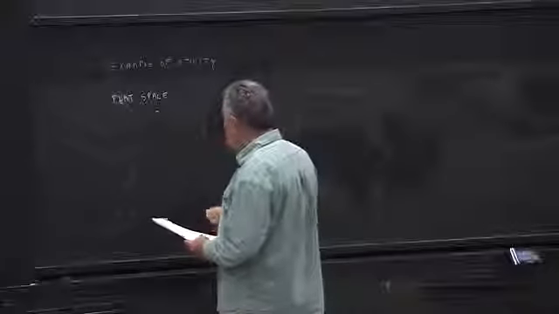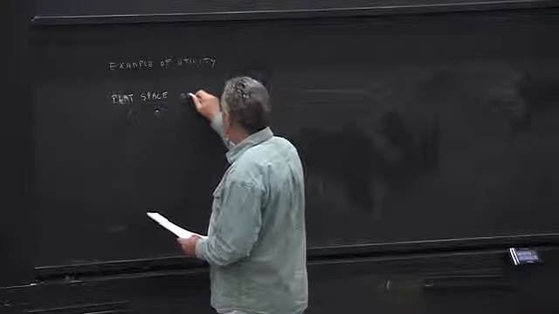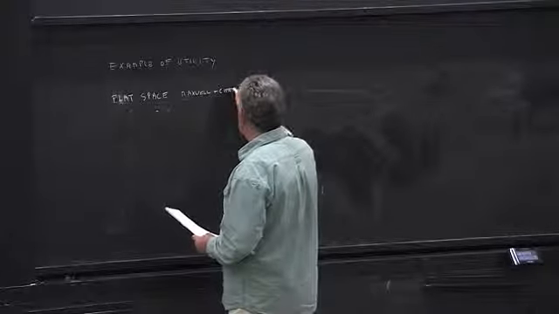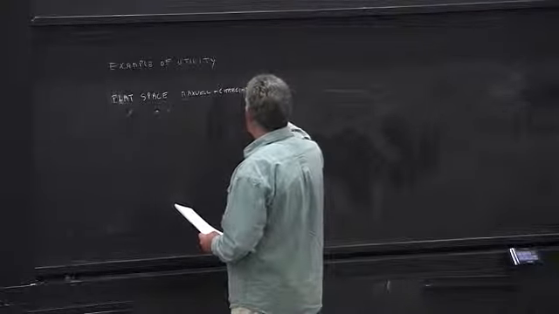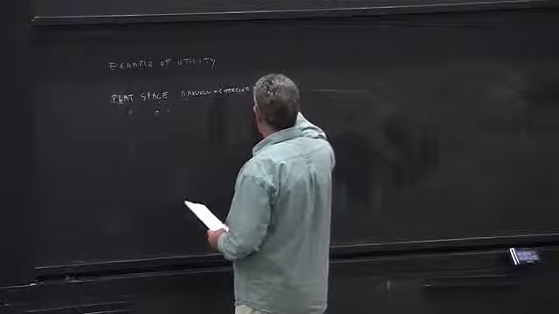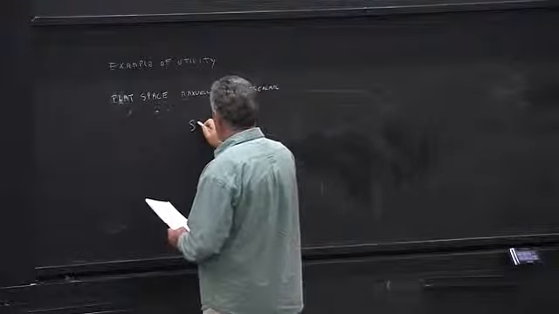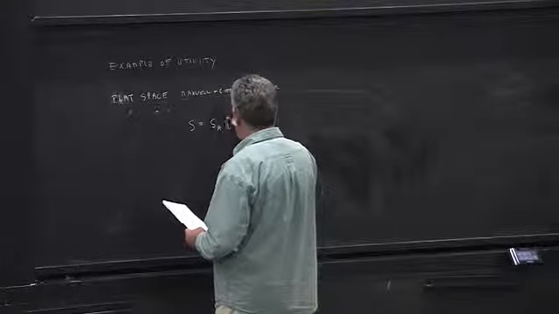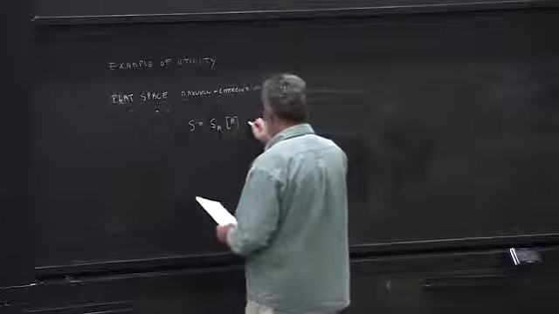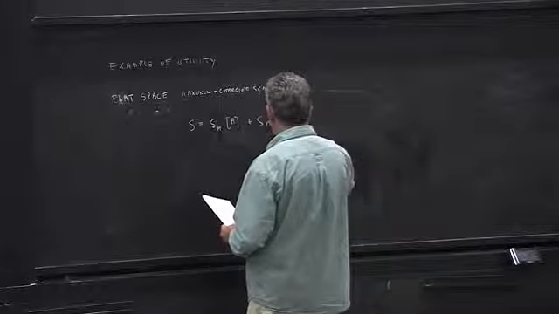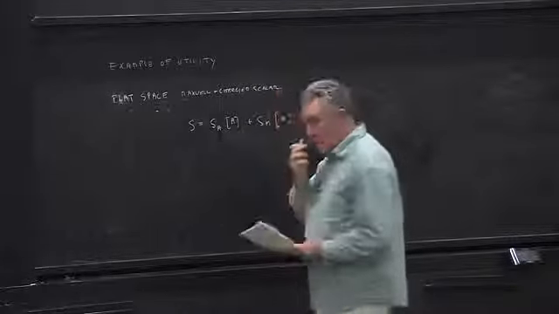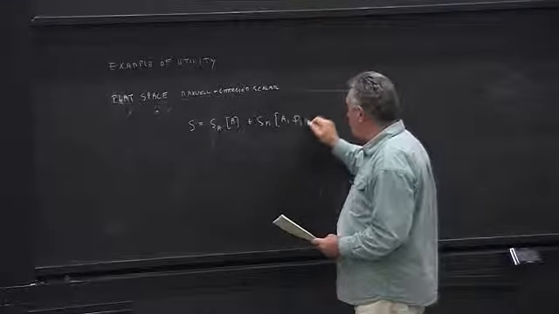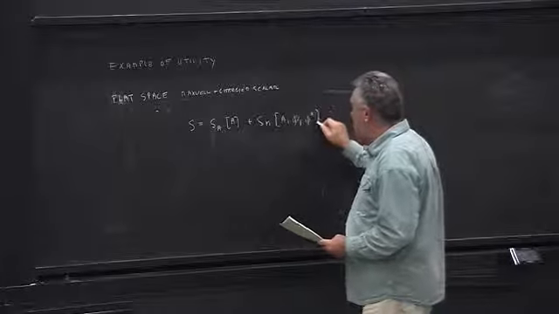Let's take Maxwell plus a charged scalar field. So we have the Maxwell action, then we have the matter action, which depends on A, and a charged scalar field, which is a complex field phi, so it depends on phi and its complex conjugate.